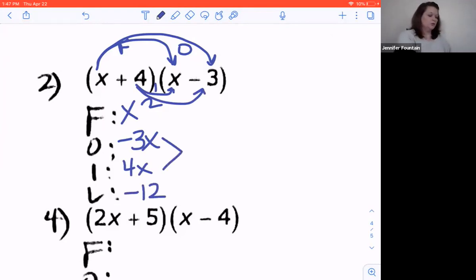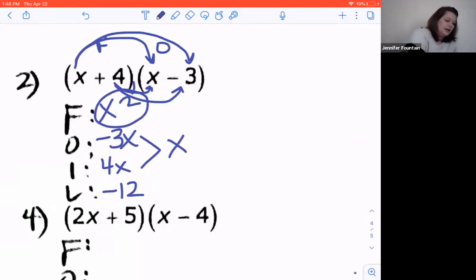I look at my middle two terms, -3 and +4. Take the sign of the larger, which is positive, and find the difference. 4 minus 3 is 1. So basically, I've just got x left over. You could write it as a 1x if you want to. It is positive. Now when I write my answer, I start with my first term, x squared.